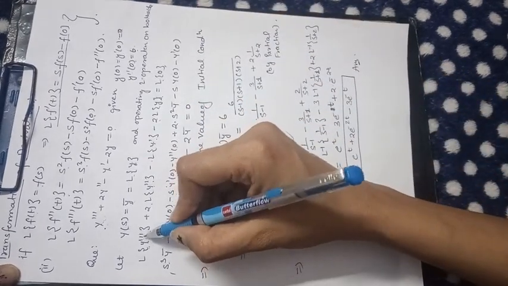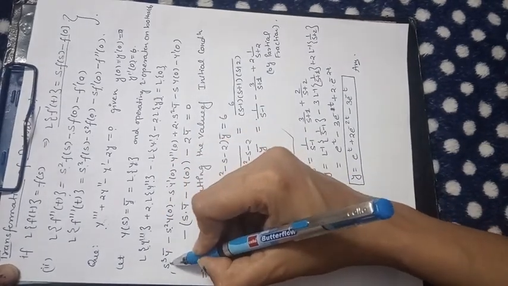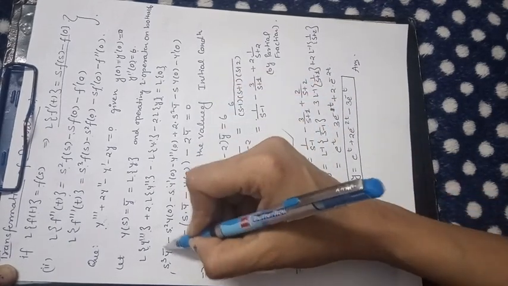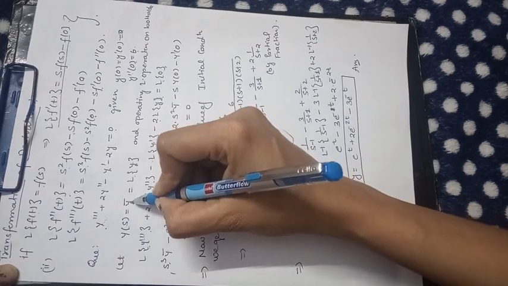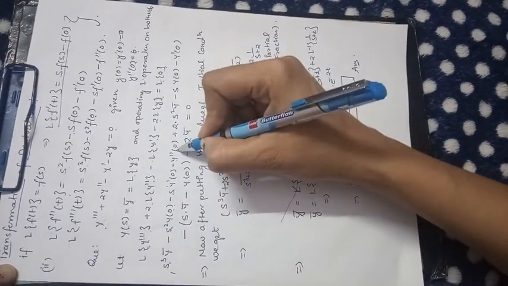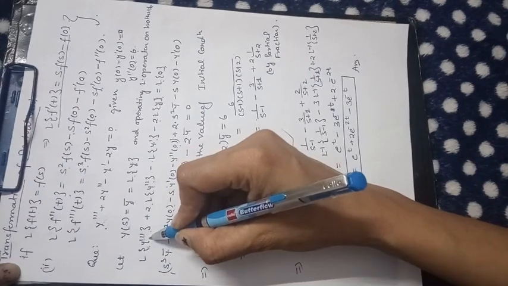The Laplace transformation of the third derivative of y can be rewritten: you have to start from s³, s², s, and s⁰, multiplied by Y(s), taken as y bar here. Then y bar minus s² y(0), y'(0) and y''(0). Okay, this is the value of the Laplace transformation of y'''.